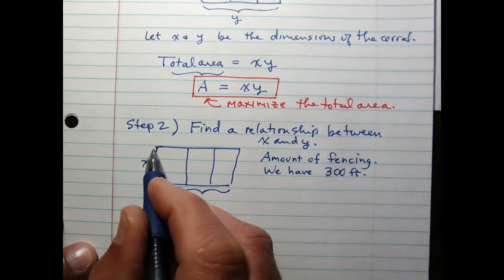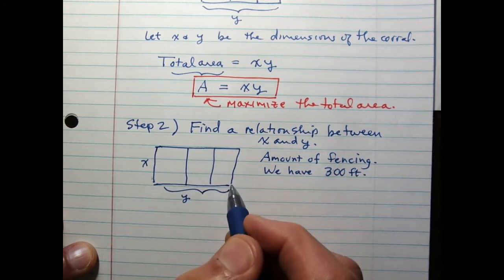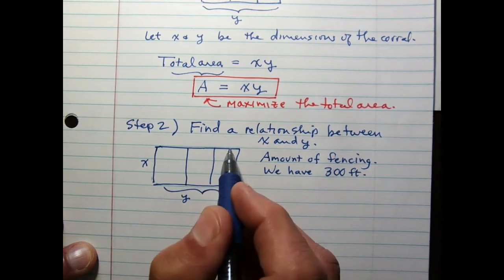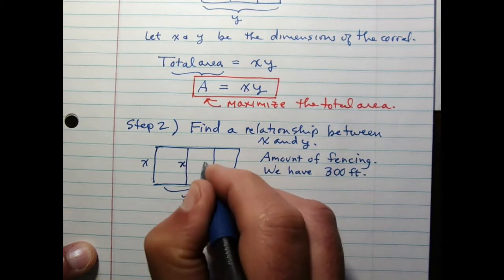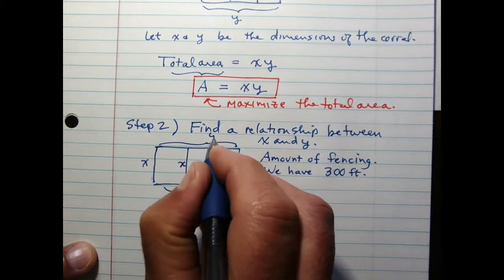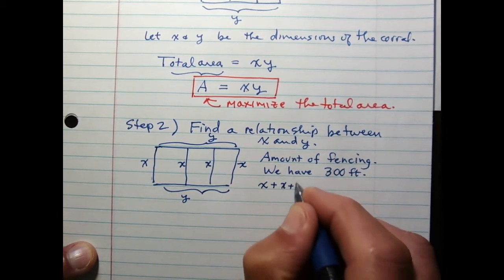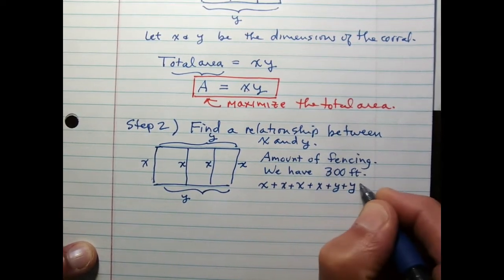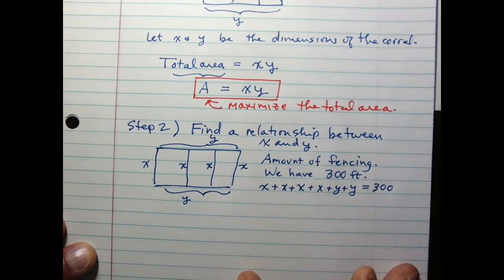Well, we're going to have a fence here, here, here, here. We're going to have 4 of these vertical strips and 2 Ys going across. So we're going to have one X here, X here, X here, X here, a Y at each end. So the total amount of fence, it's like I add up all the pieces. X plus X plus X plus X plus Y plus Y has to equal 300 feet.